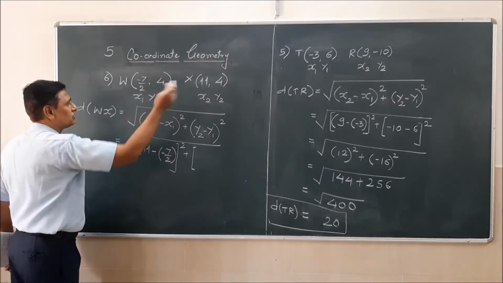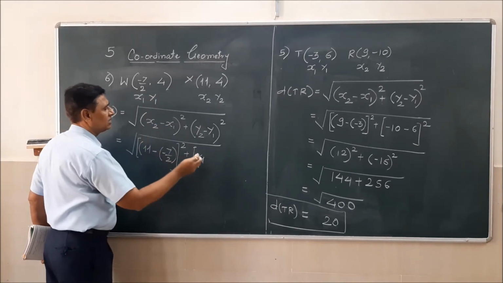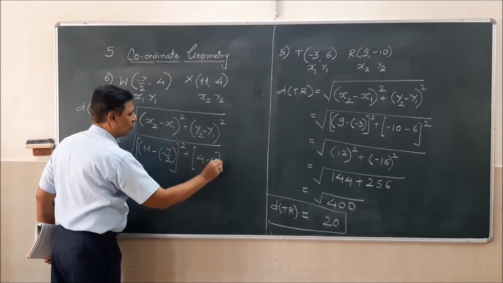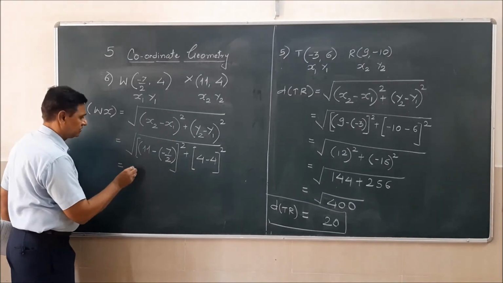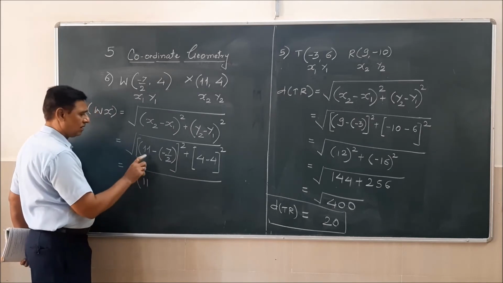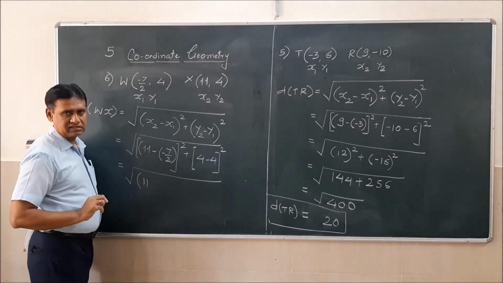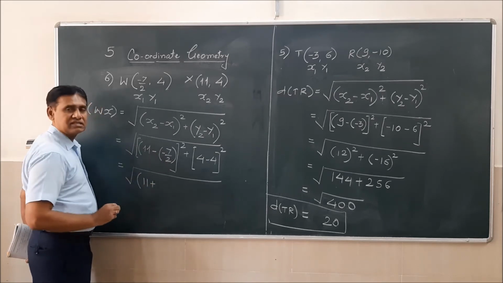But y2 is 4, and notice y1 is also 4. So 4 minus 4, the whole square. So that will give us 11 minus into minus. Okay, so minus into minus will give us plus.